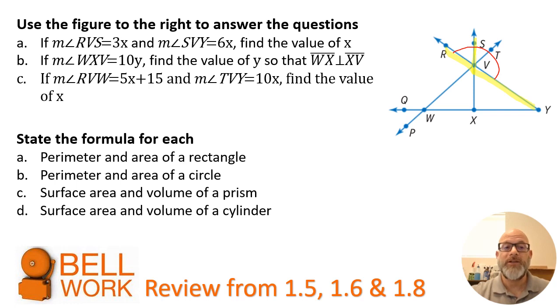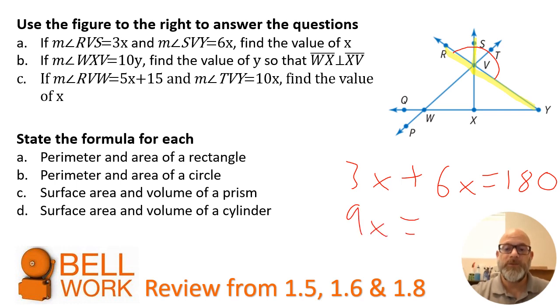So how are we going to calculate x? Well, you're going to set 3x plus 6x equal to 180. That means that 9x is equal to 180, or x is equal to 20.